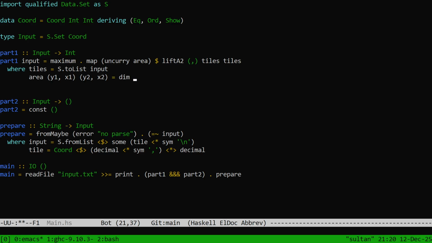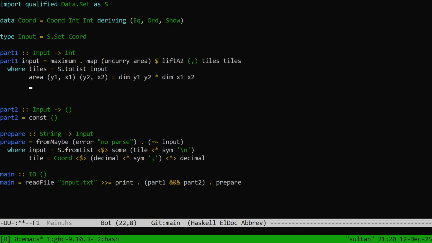dim of y1, y2 times dim of x1, x2. Dim of AB is the abs of A minus B plus 1.